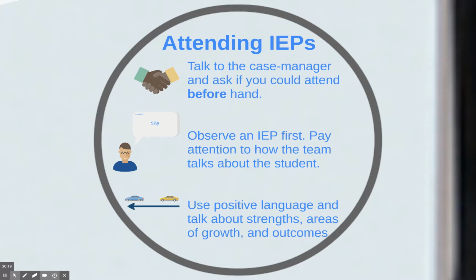If you're someone who doesn't attend IEPs often, you can absolutely go. Make sure that you're making everyone aware. Pay attention to how the team is first talking about the needs of the student, and then, based on that, make sure your language is positive. Use positive language about a student's strengths, about where the areas of growth are, and about what you believe a student can accomplish.